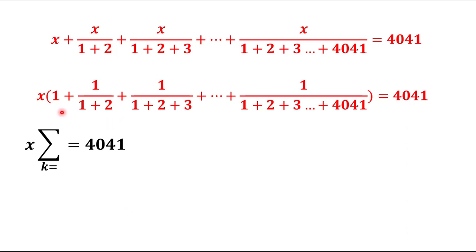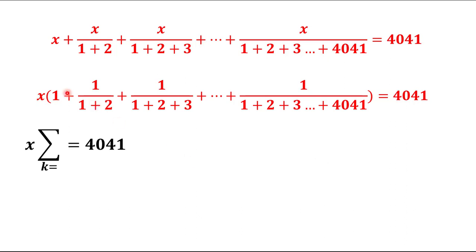In the denominator of fractions, we have 1 plus 2, 1 plus 2 plus 3, up to 1 plus 2 plus 3 up to 4041. If we have k natural numbers, the formula to calculate the sum of k natural numbers is k times k plus 1 over 2.